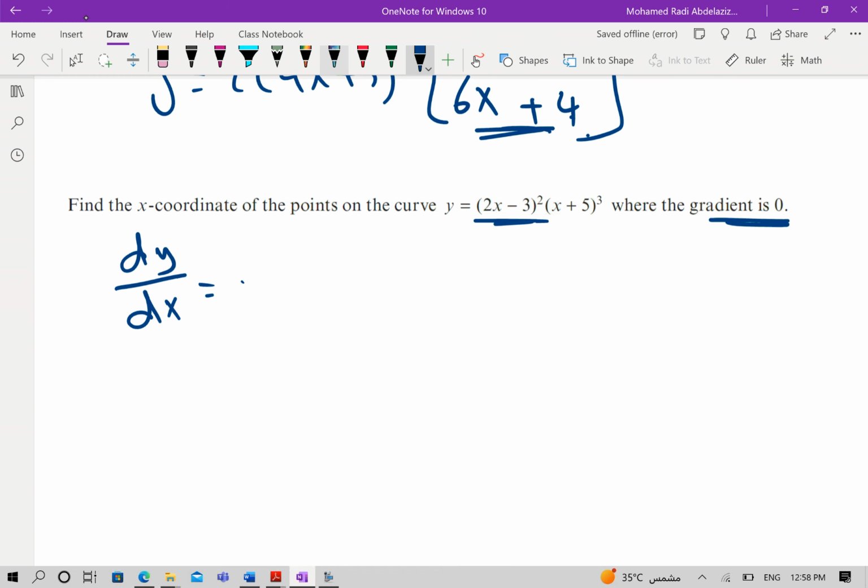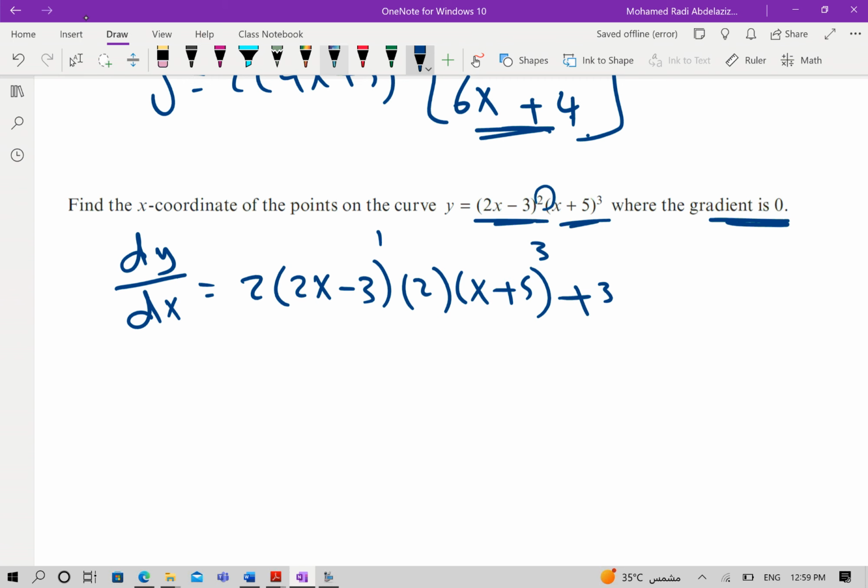Differentiation of first will be (2x minus 3) all to the power of 1, then multiplied by 2, then multiplied by (x plus 5) all to the power of 3. This is derivative of first. Drop the power, minus 1 times 2, times second, plus derivative of second, which is 3 times (x plus 5) all to the power of 2, then multiplied by (2x minus 3) all to the power of 2.